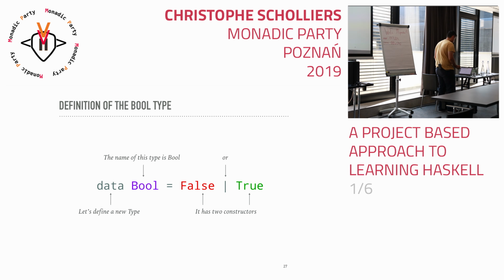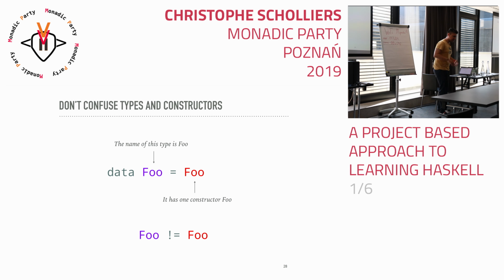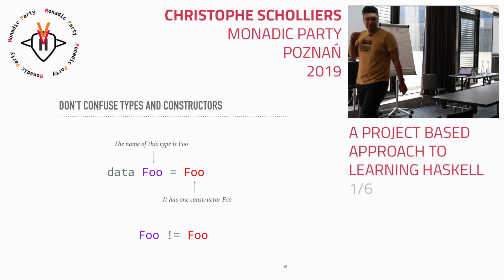That's the first thing. Now, there is something really strange in Haskell. We can define exactly this: a new type, which I explicitly didn't give any meaningful name, Foo, and we say that there is one constructor for this, and it's also Foo.